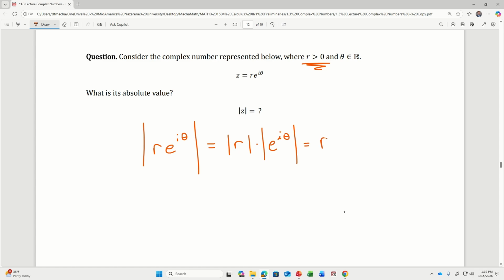And since r is a positive real number, its absolute value is r, and e to the i theta has an absolute value of 1. So if you're looking at a complex number represented as r times e to the i theta, that little r is its absolute value. e to the i theta doesn't do anything to mess with the absolute value.